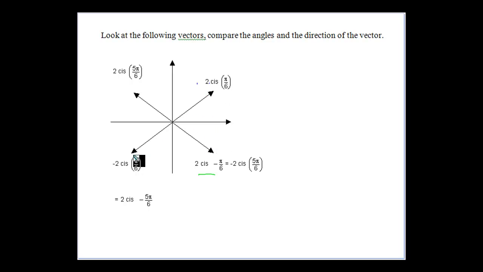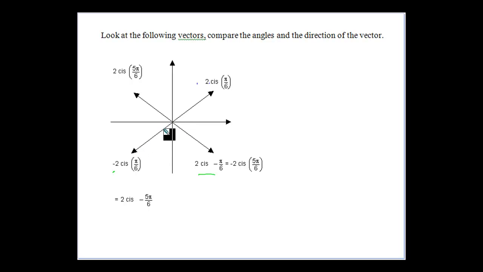If you notice this one here, it's minus 2 cis pi on 6. That's the same distance, just in the opposite direction. That's why it's negative. Remember that a negative sign is just moving in the opposite direction. So that's 2 cis pi on 6, negative 2 cis pi on 6, same angle.